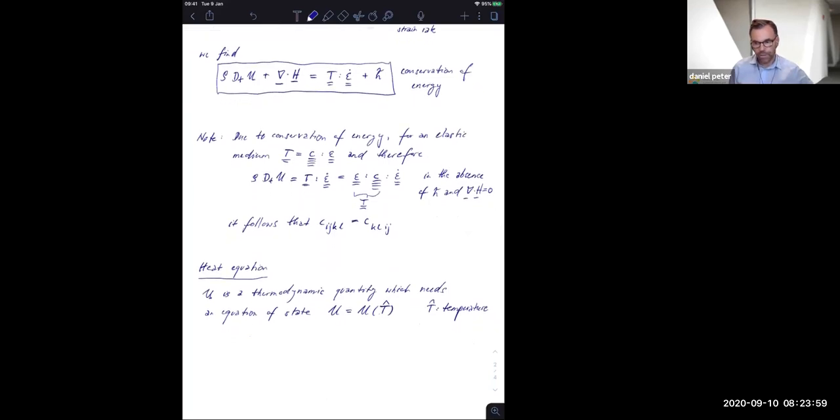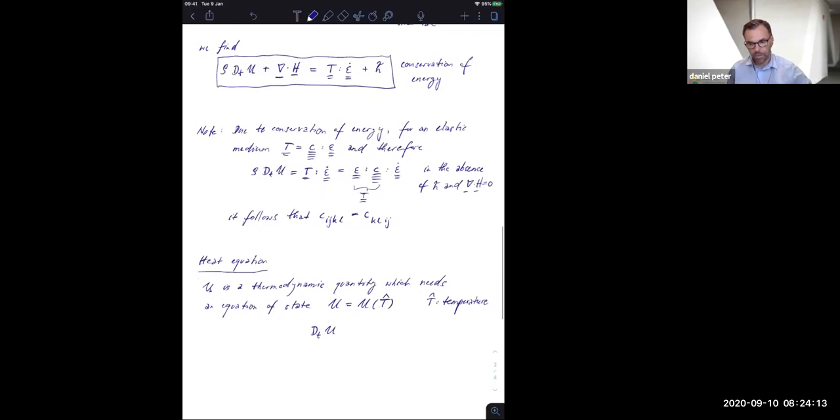And what we are interested in is basically the rate of change of U. So the material derivative of U, which is basically the derivative of U with respect to temperature times Dt, the derivative of the temperature.